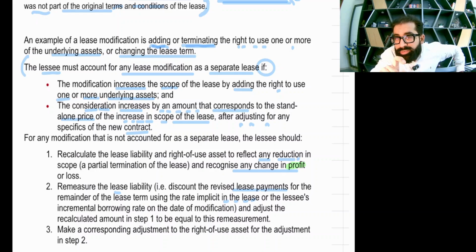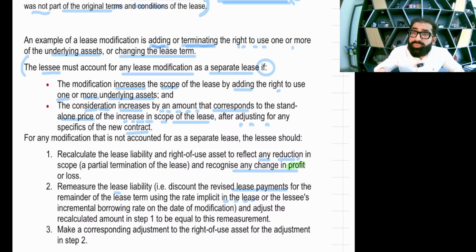So that means exactly 50,000 for the second floor, and that 50,000 reflects the stand-alone, or separate market price, of that new asset. So if you meet these two conditions, then the lease modification will be treated as a separate lease.